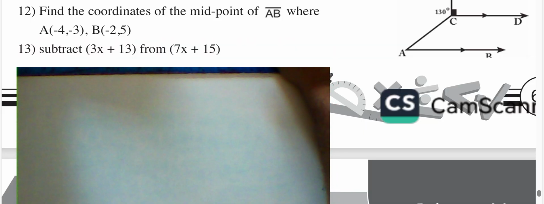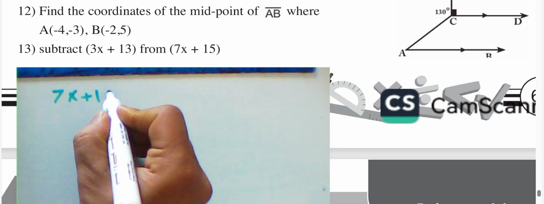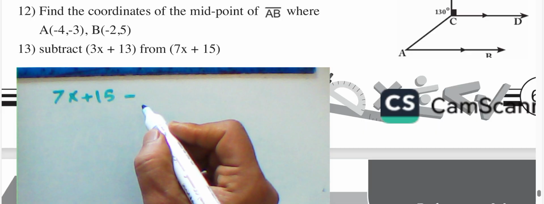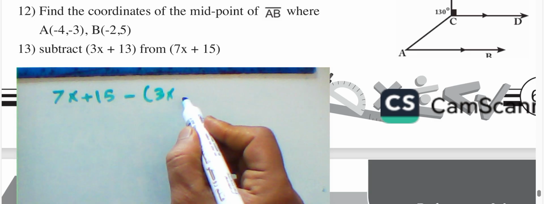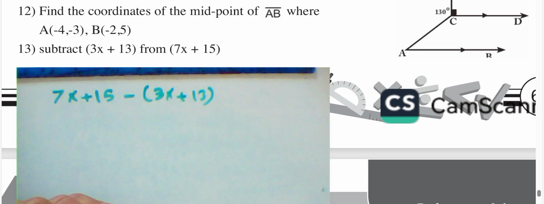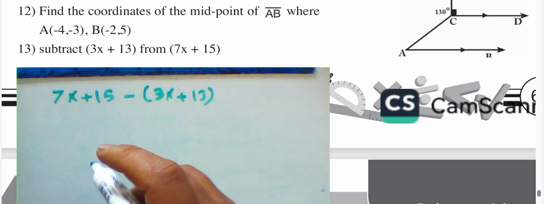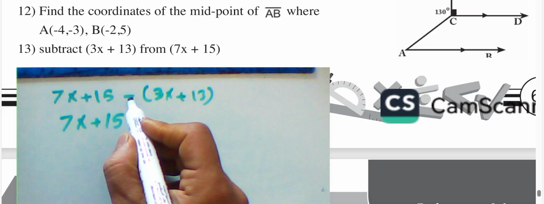Subtract 3x plus 13 from 7x plus 15. We can write 7x plus 15 subtract 3x plus 13. Because this expression is in brackets, we write 7x plus 15 and then subtract the product.